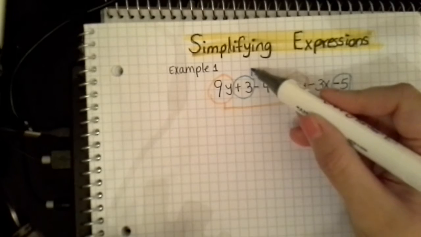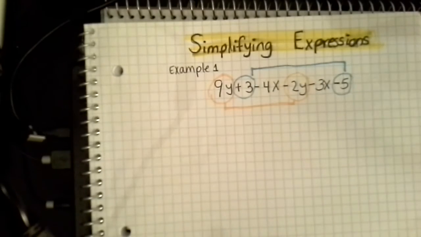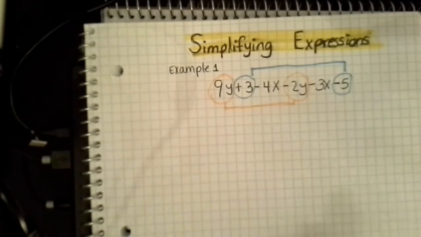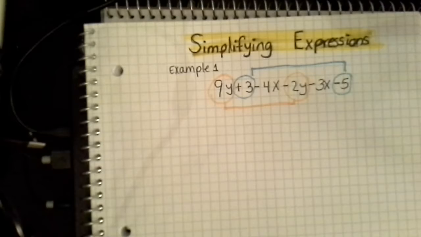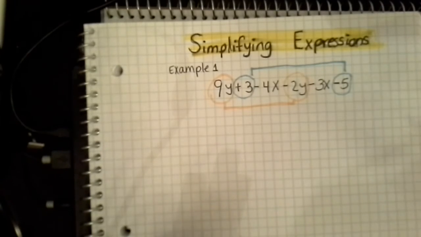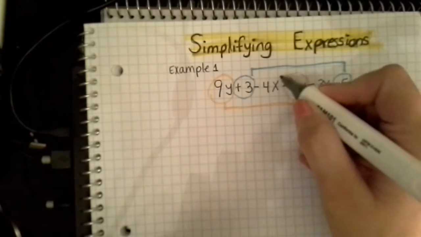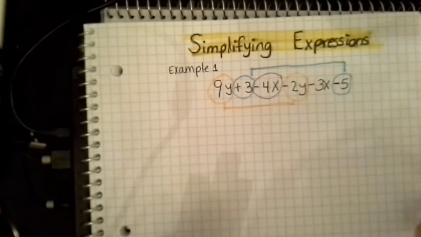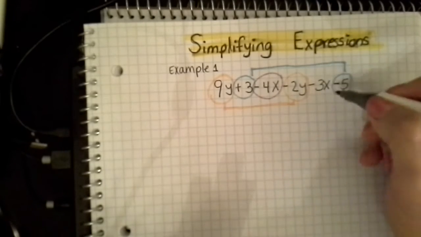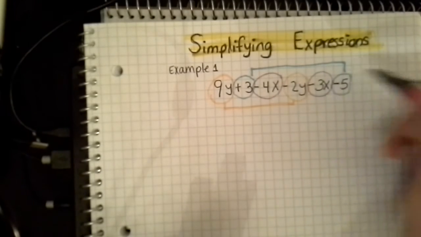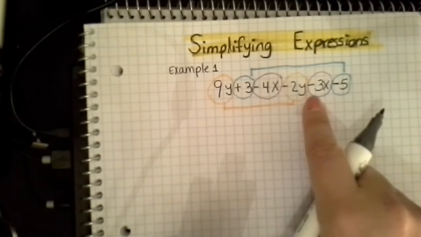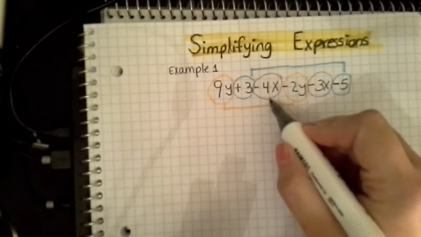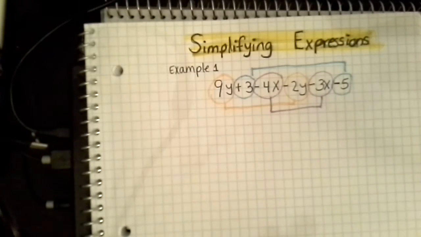So these two are like terms. And lastly, one more color. Trying to see if I have any other like terms. I have negative 4x and negative 3x. Those are like terms. They both have the same variable. So I'm going to combine those.